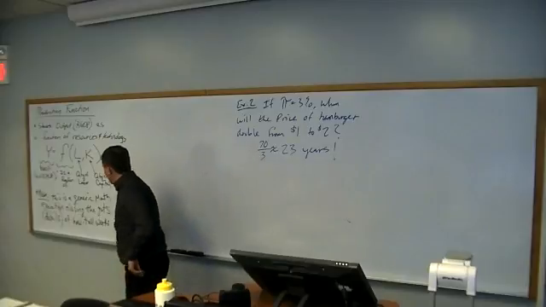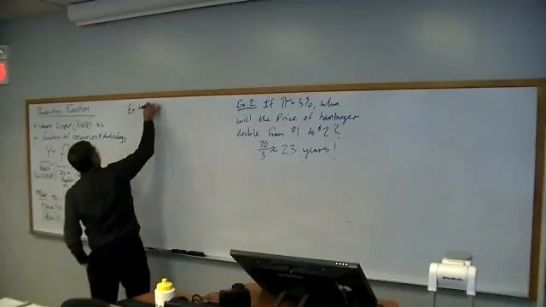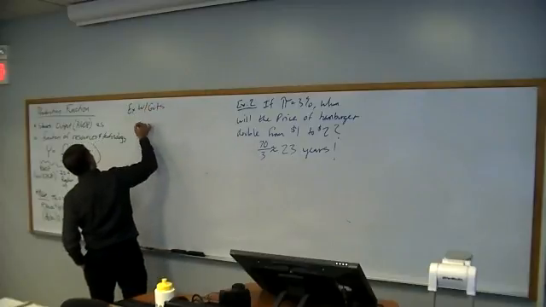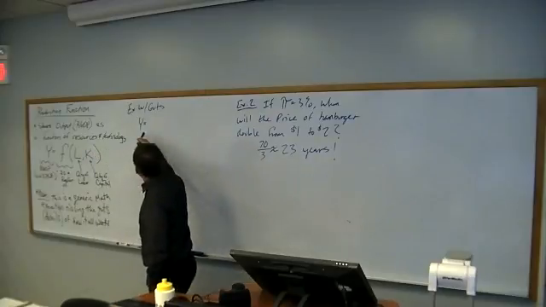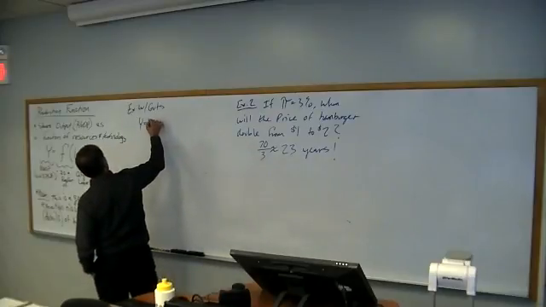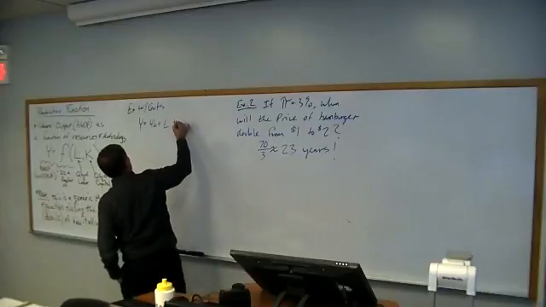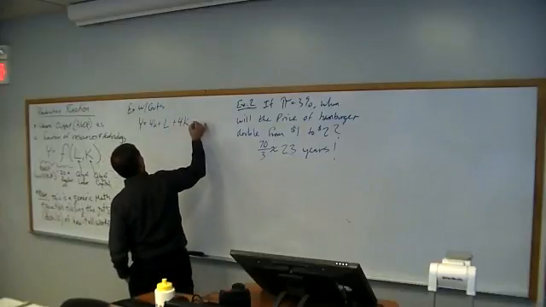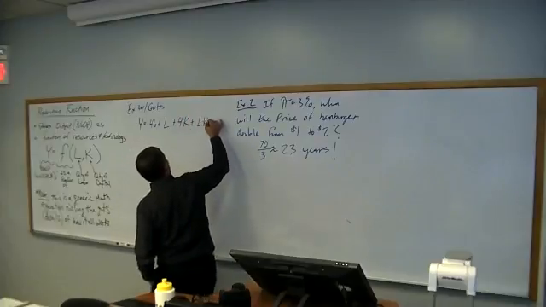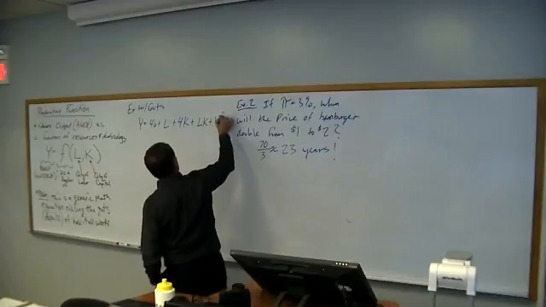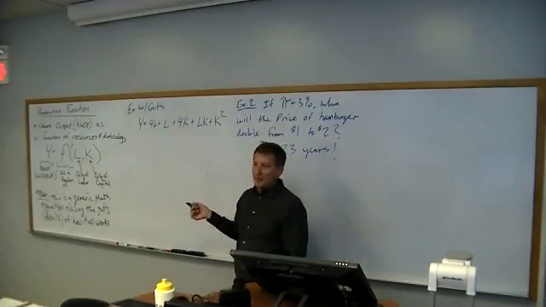To give you an example with guts, the amount of beer that I have is equal to 46 plus L plus 4K plus LK, L times K, plus K squared. Something real ugly. I'm just making this up as I go.